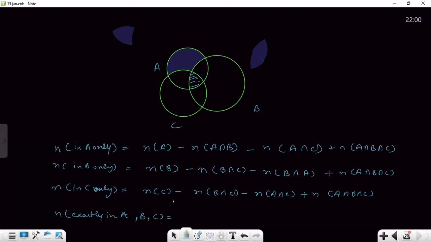So what will come is n of A plus n of B, number of elements in B, number of elements in C, minus 2 times n of A intersection B, minus 2 times n of B intersection C, and minus 2 times A intersection C. Okay, nice.